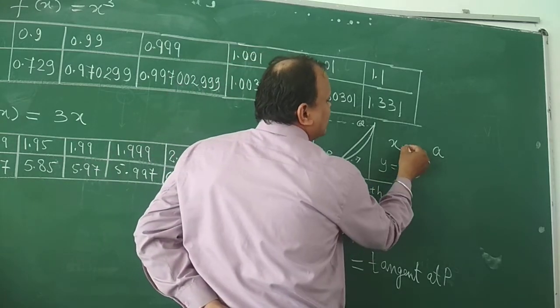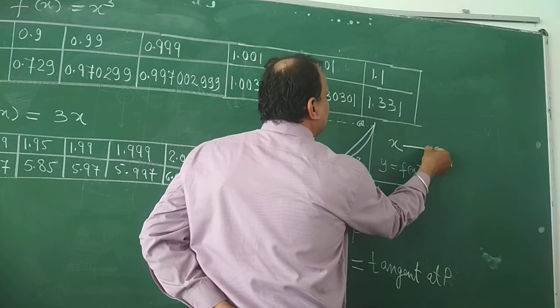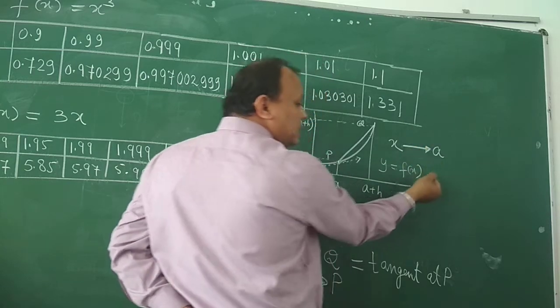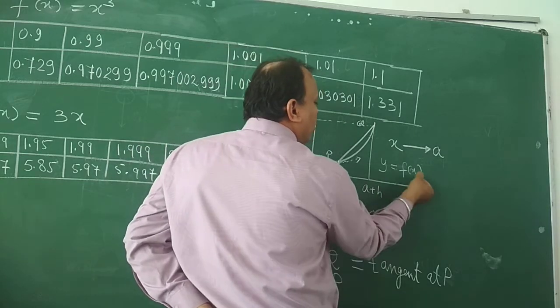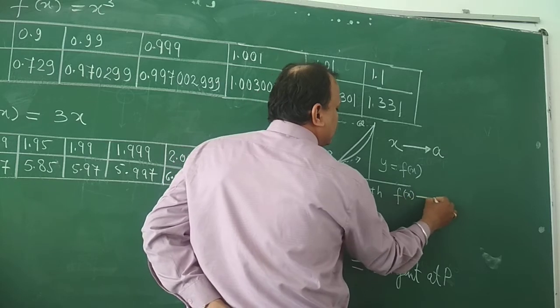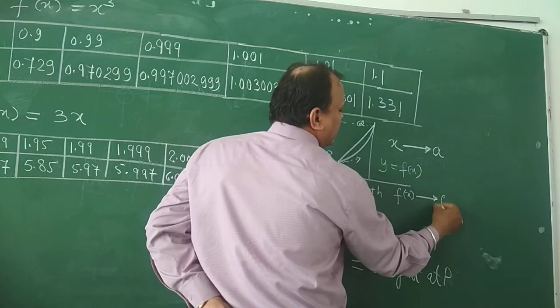We denote it like this: as x tends to a, nearer and nearer to a, the value of f of x tends to f at a.